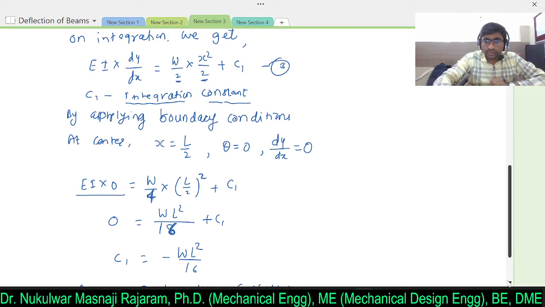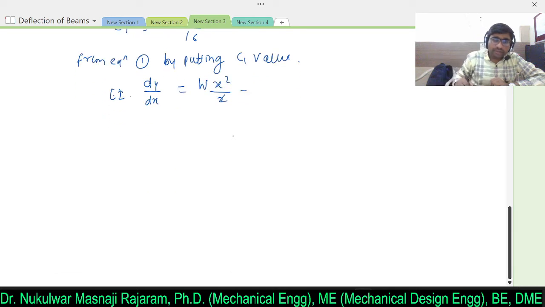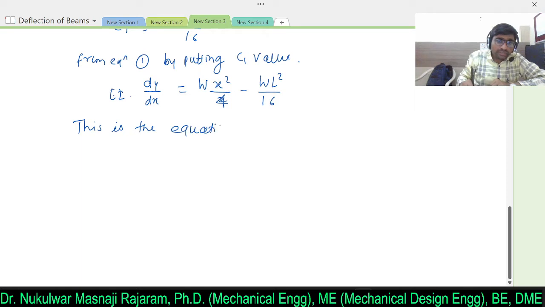EI into wL square by 4, and the value of C1 is wL square divided by 16. So this is the equation of slope. So we can find a slope anywhere. Clear? So at any distance of x we can find out, but from 0 to L value.